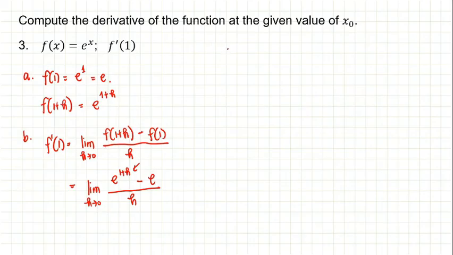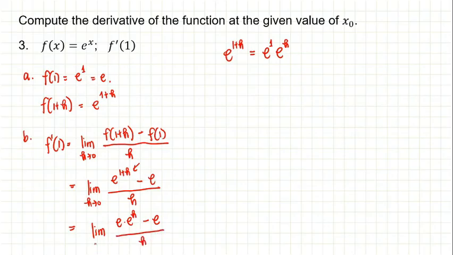If you have e to the power of 1 plus h, you can separate that one, and that will be e to the power of 1 times e to the power of h, right? So therefore, this one here will become the limit of e to the power of 1 is just e, then we have times e to the power of h, then minus e, all over h as h approaches 0.